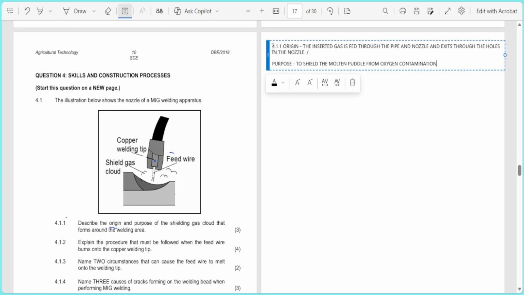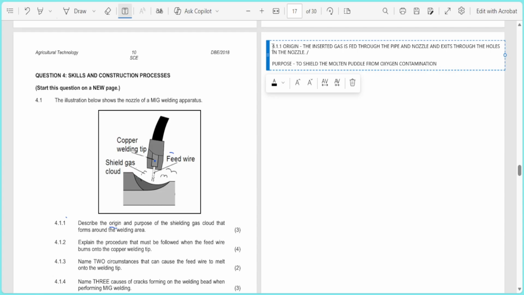That contamination will create a weak as well as a brittle weld that is full of pores. So the gas cloud acts like a protective blanket, keeping atmospheric gases out and ensuring that we get a strong and clean weld each and every time we weld.